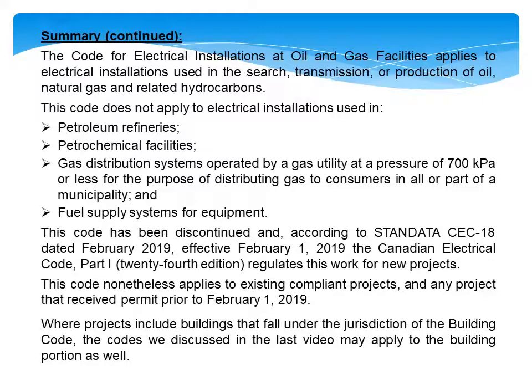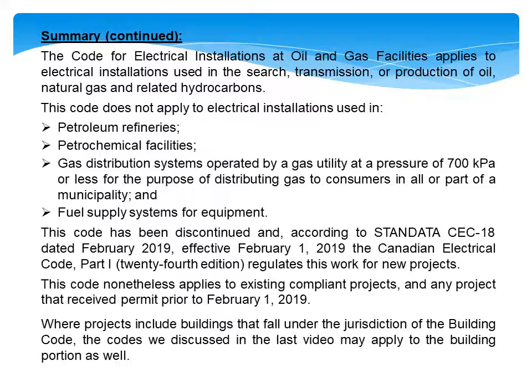The Code for Electrical Installations at Oil and Gas Facilities is in its 5th edition as well. It was published in 2015 and was declared to be in force from January 1, 2016 to January 31, 2019. It applies to electrical installations used in the search, transmission, or production of oil, natural gas, and related hydrocarbons.